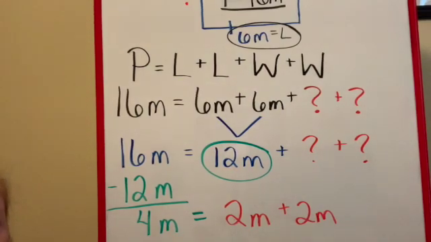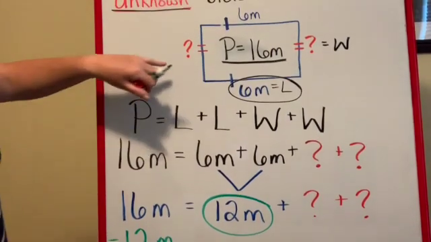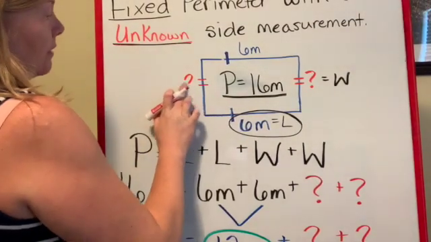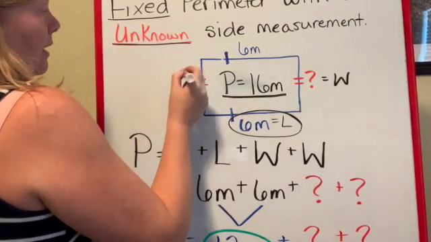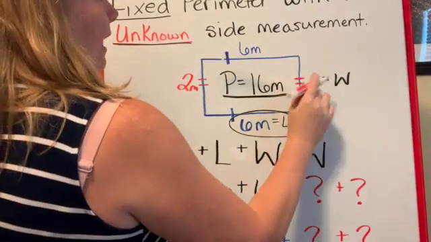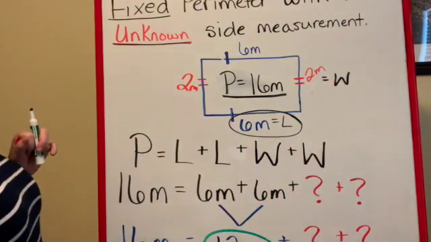Let's go back up to our problem and see if that would work. Let's pretend we're going to just plug it in. If this becomes 2 meters and this becomes 2 meters, will that work?